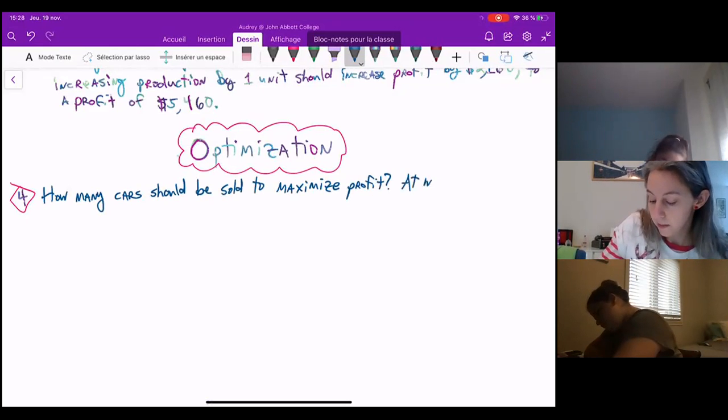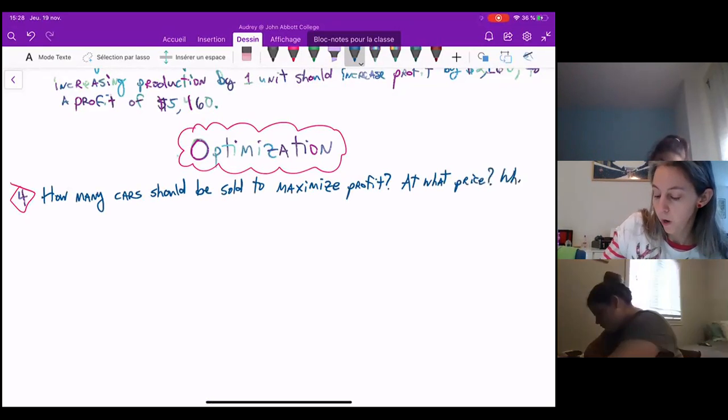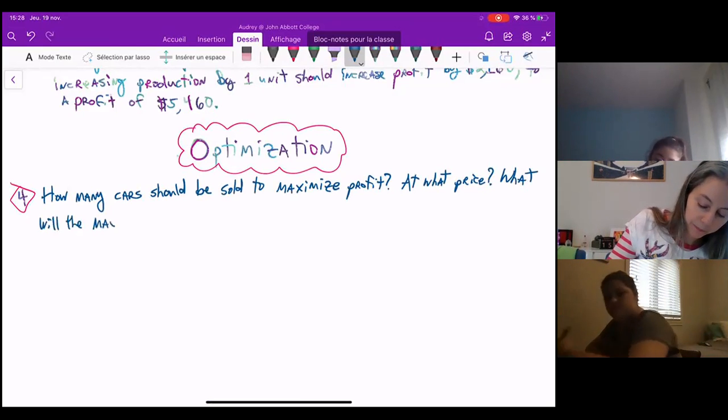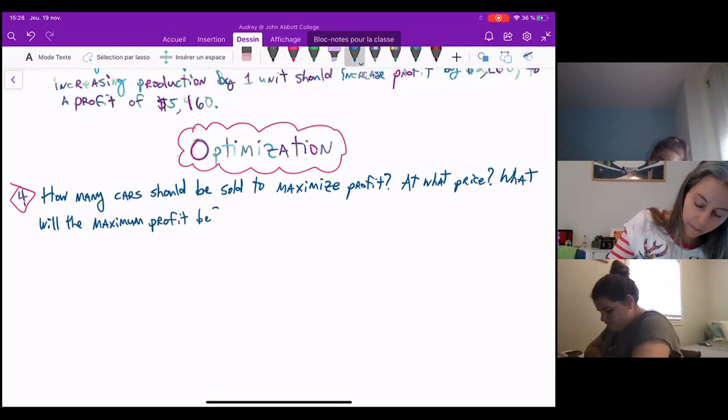At what price? What will the maximum profit be?